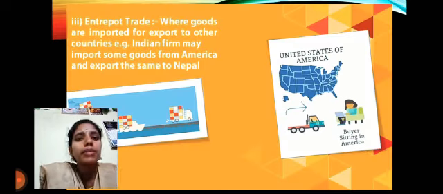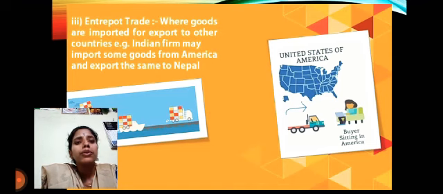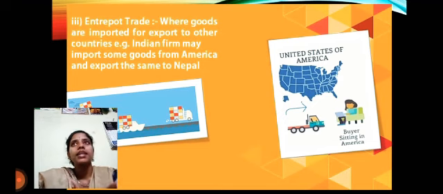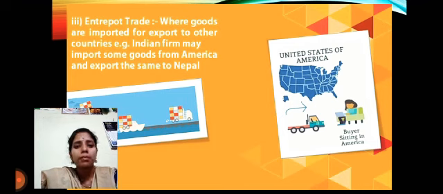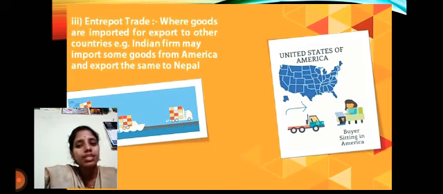And the next topic, re-export trade, where goods are imported for export to another country. It means importing goods from one country for the purpose of exporting them to another country. This type of trade is also known as re-export trade.